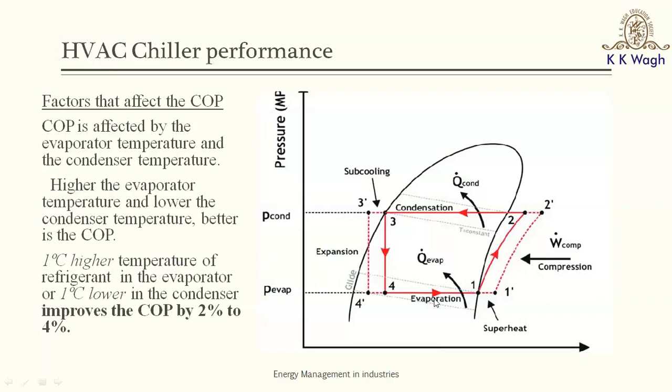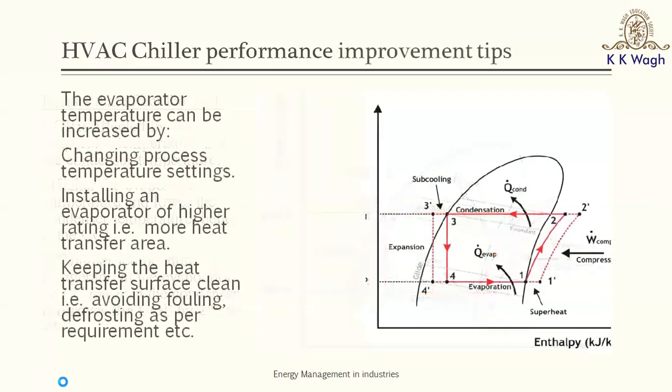So maintaining the evaporation temperature as high as possible and the condensation temperature as low as possible is critical for energy savings in chillers. This is a typical thumb rule you need to remember.